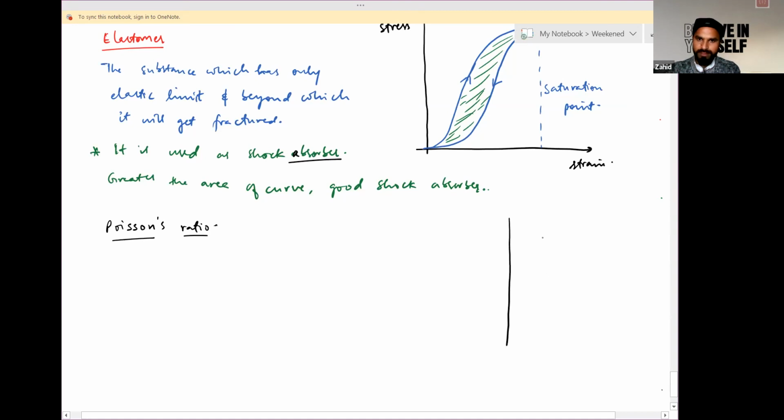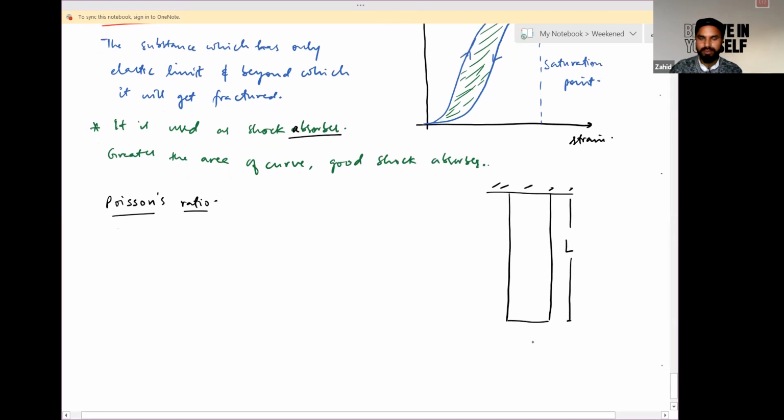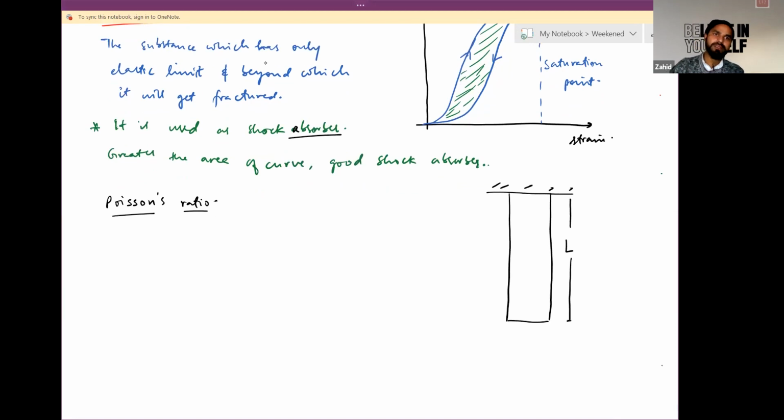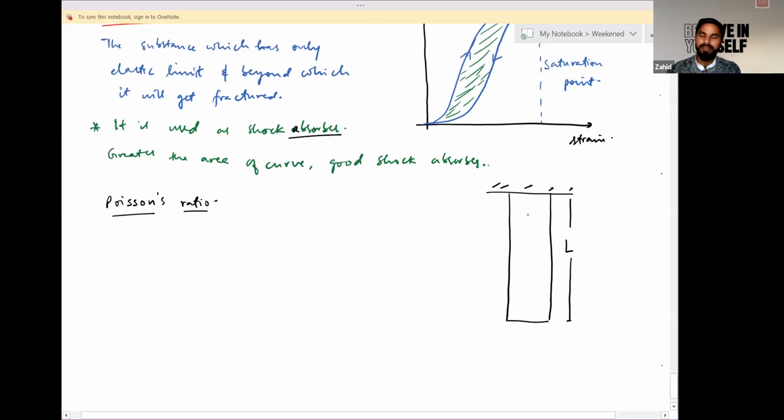Suppose you have a solid like this, which has an actual length from this point to this point, and an actual diameter or width of this much. If you apply a deforming force on it, then on elongation, the width of this rod must decrease.